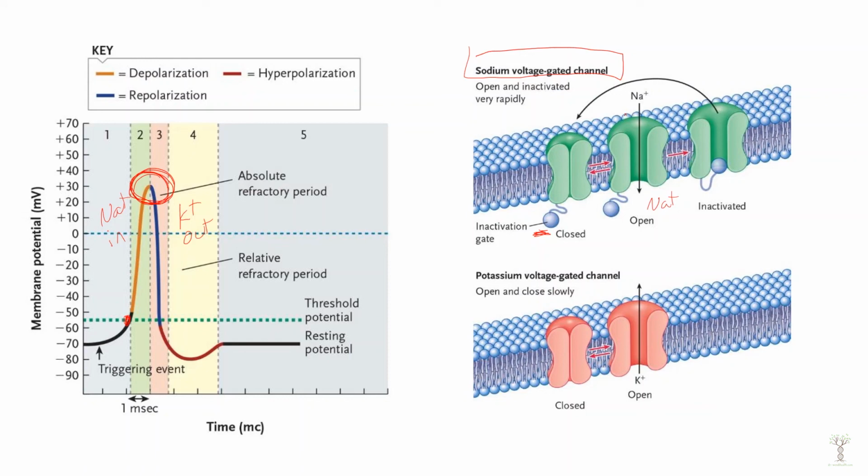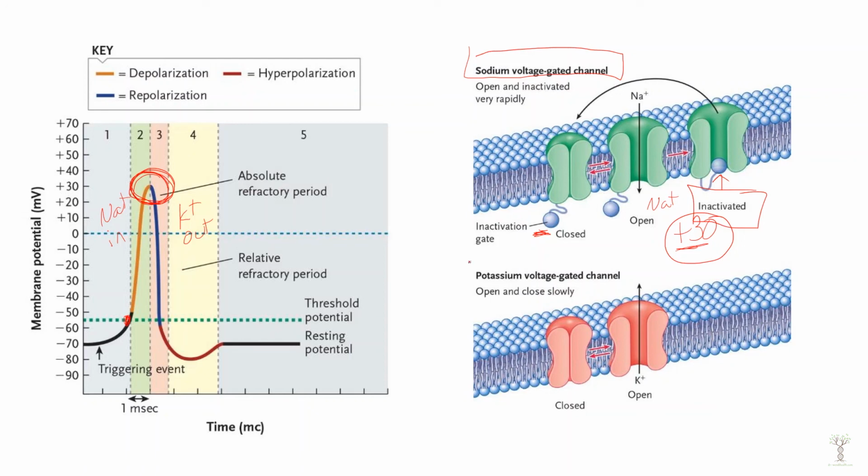But then once the charge became +30, it triggers an inactivation gate to close. When this inactivation gate is here, no stimulus can make this channel reopen. The inactivation gate is going to continue blocking this channel until the charge of the cell moves back down to a normal resting membrane level.